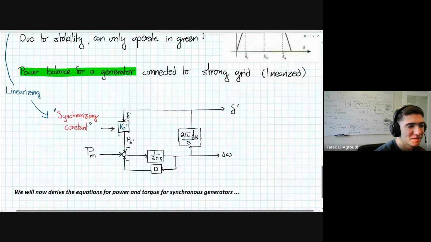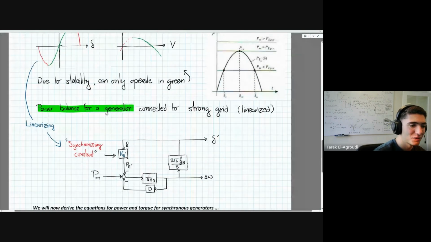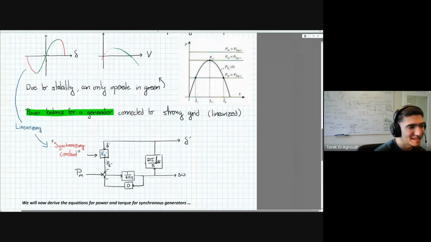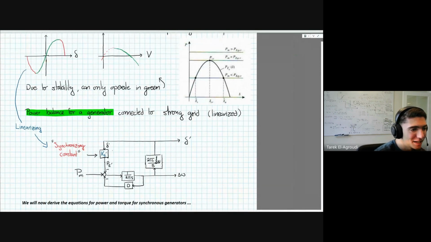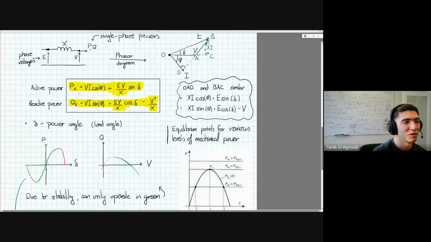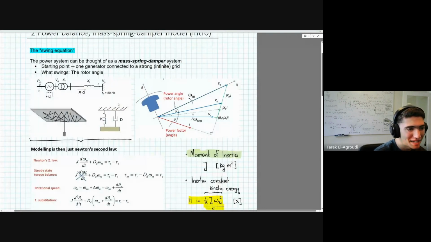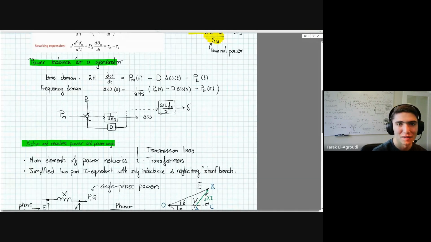And then you get some linearization constant or synchronizing constant. From control system analysis, you can tell that if this constant is positive, then this is a negative feedback loop, which is stabilizing. But if this constant is negative, if this gradient is negative, then this becomes a positive feedback loop, and this power angle will shoot to infinity. So that's sort of an impression of why this active power and how it relates to the power angle is important for stability of the frequency in the grid.